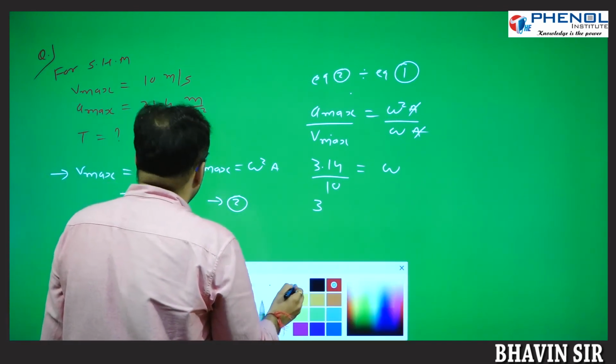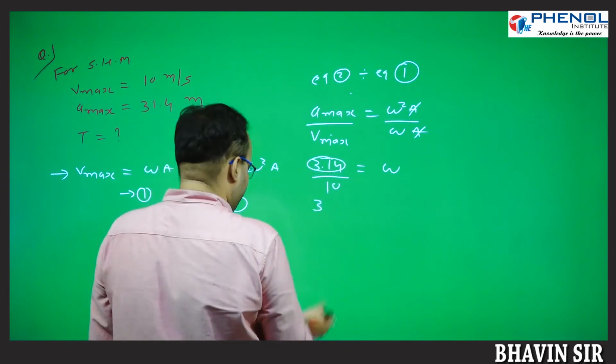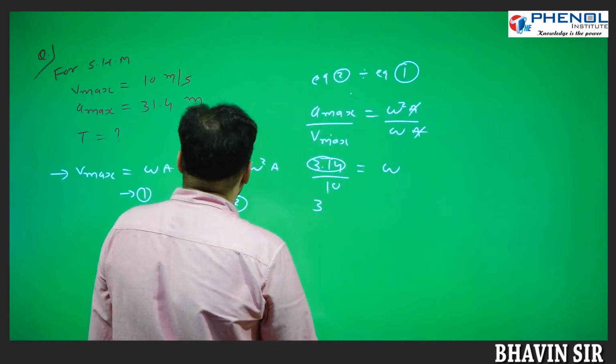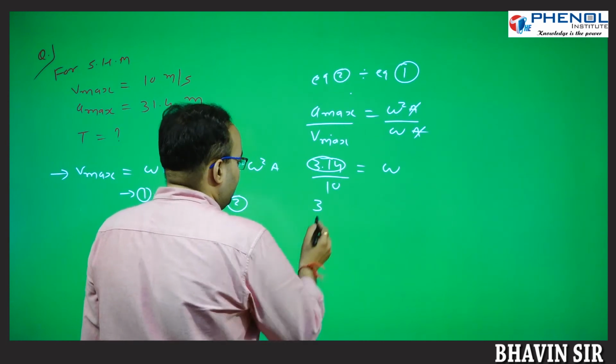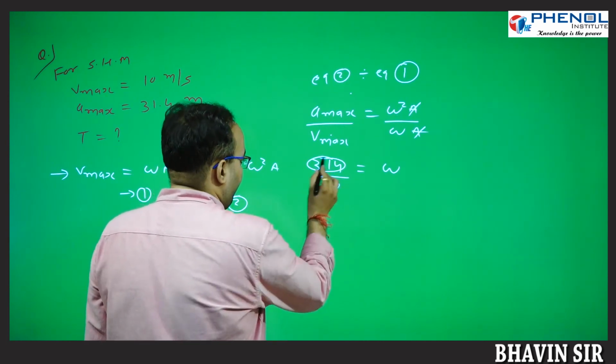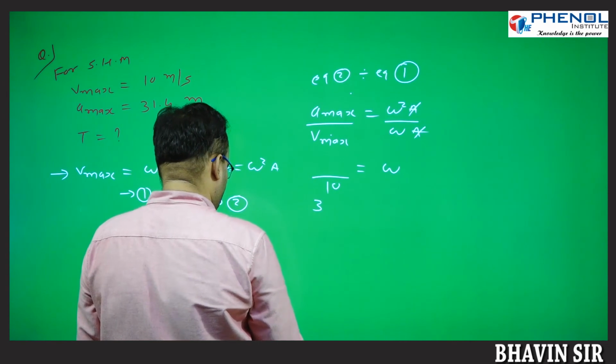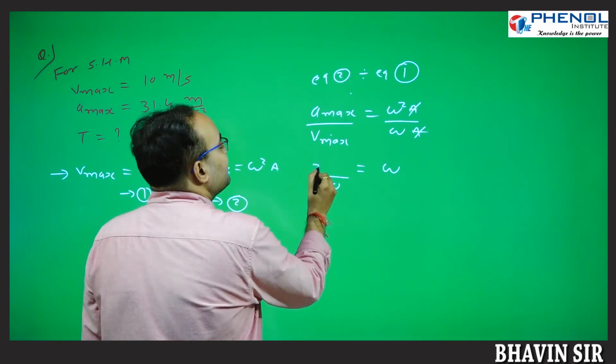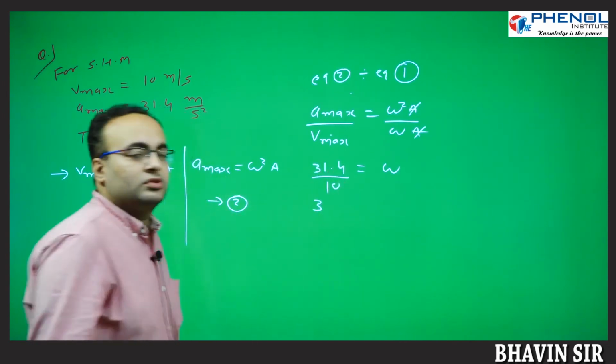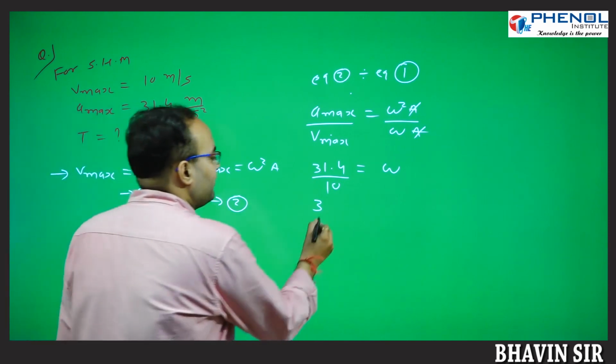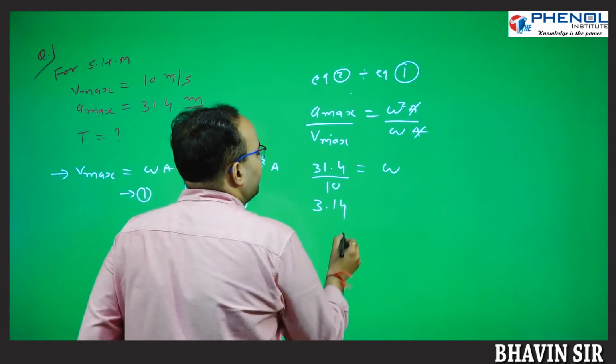What is the maximum acceleration? 31.4. Maximum acceleration is 31.4. So 31.4 divided by 10, so 3.14.